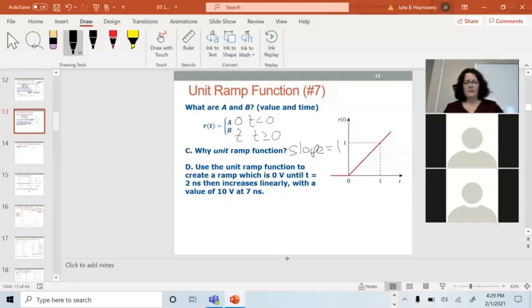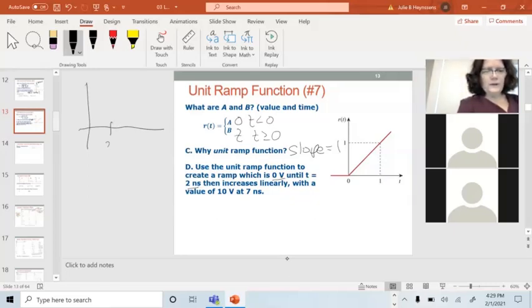And if I wanted a ramp function which goes 0 volts until t equals 2 nanoseconds, then increases linearly, I'm going to have to draw the graph. It's 0 volts until 2 nanoseconds, and then increases linearly and has a value of 10 volts at 7 nanoseconds.